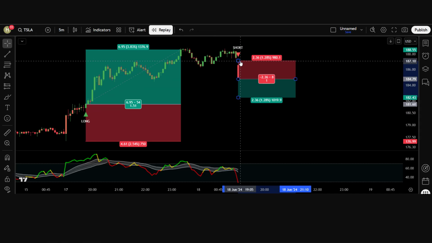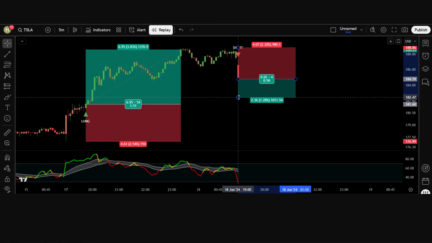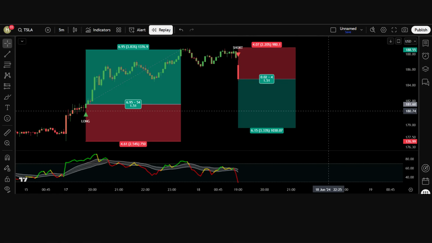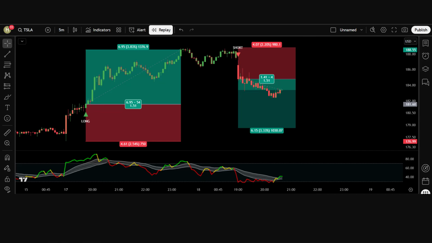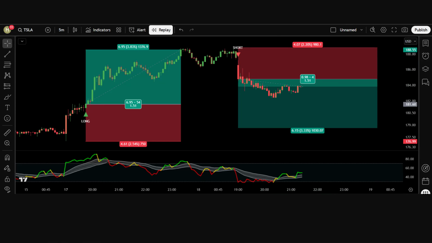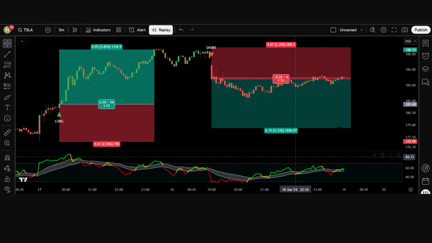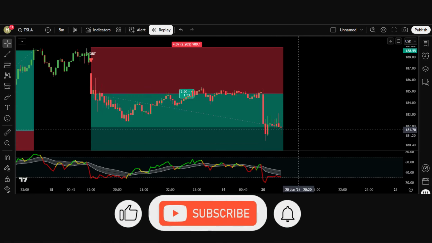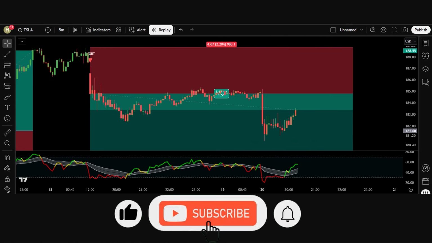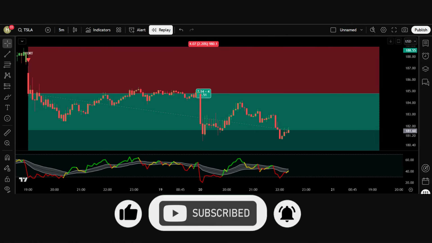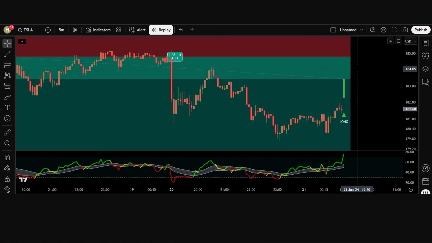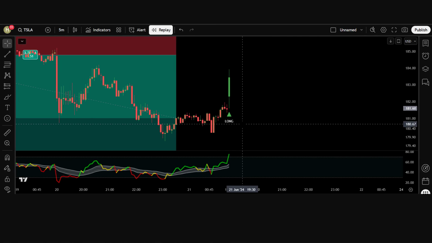Place your stop loss at the current market higher level, with a 1 to 1.5 risk-reward ratio. Let's see what happens to our trade. Our trade is running in profit. We're exiting this trade since the indicator has triggered a buy signal.